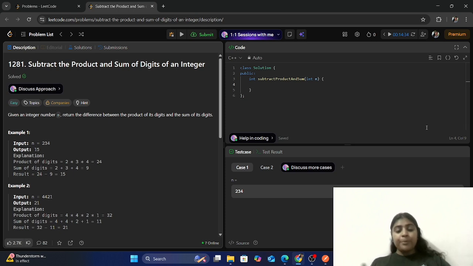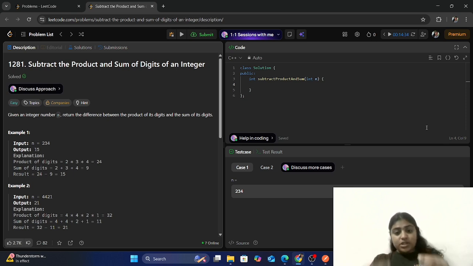Our approach will be very simple. We will extract the digits one by one using the modulus operator, modulo 10. For each digit we will update two things: we will multiply it into the product and then add it into the sum. Then at the end we will remove the last digit by dividing n by 10.